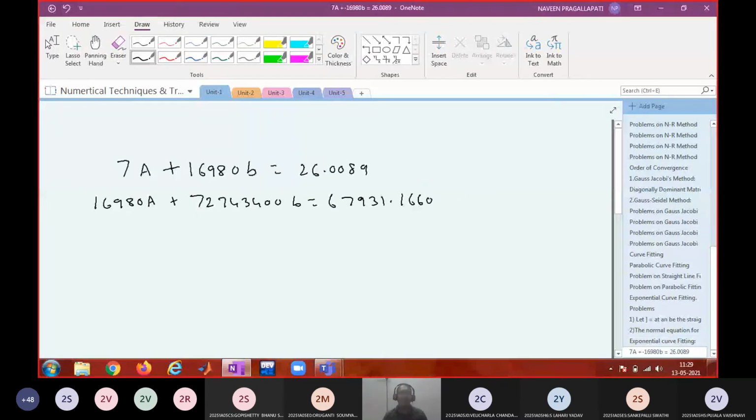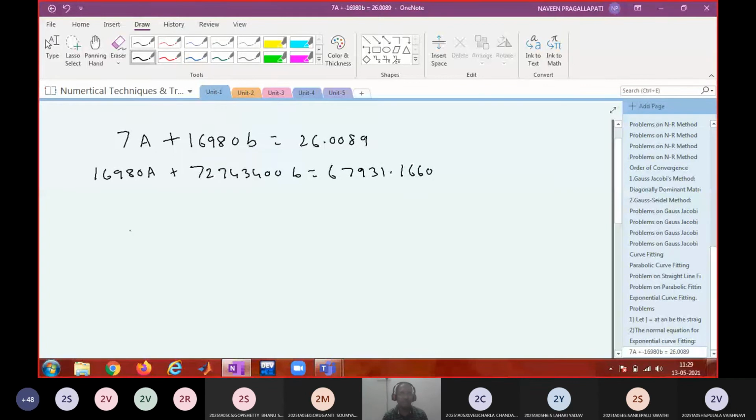Okay, so solve the above equations. You will get capital A, e power A is equal to a, and B value.